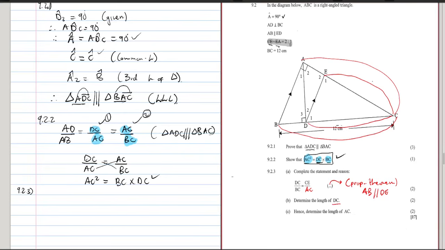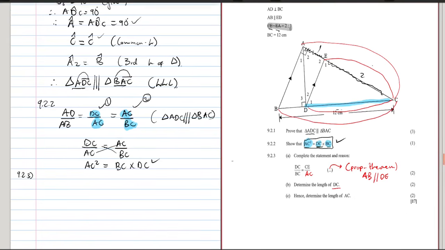Determine the length DC. They want us to calculate the length DC. We shouldn't forget that the ratio for this length is 1. The ratio for this length is what? It's 2.